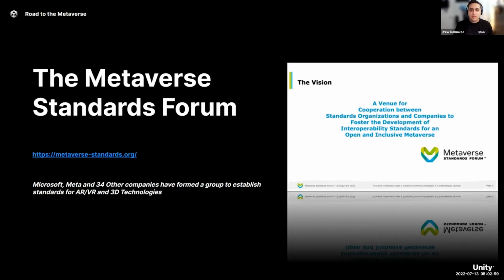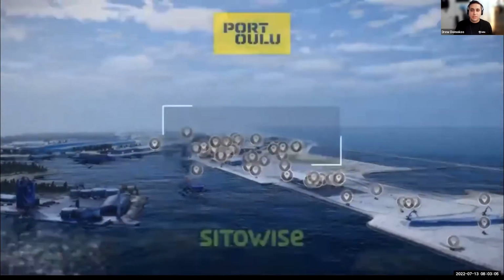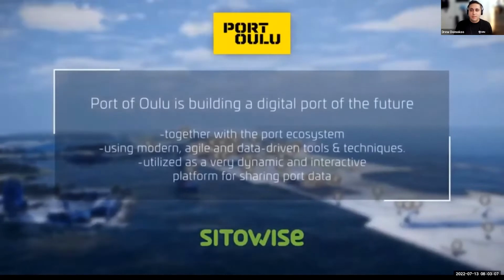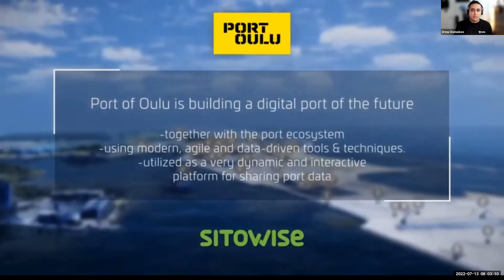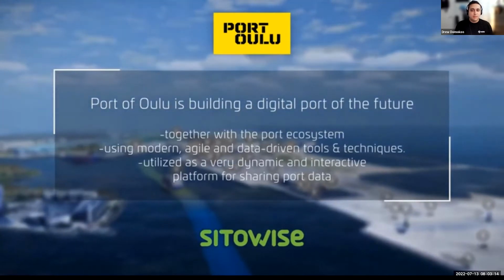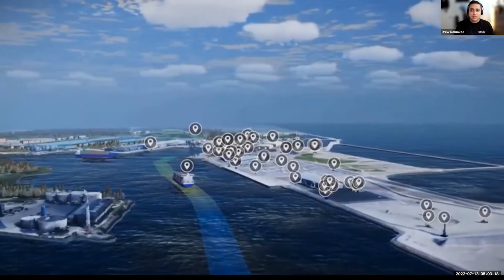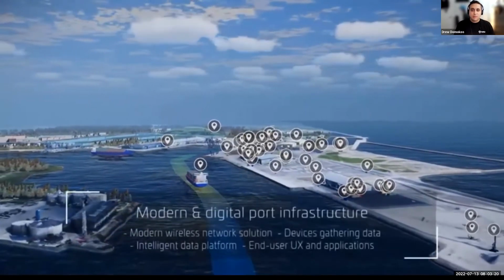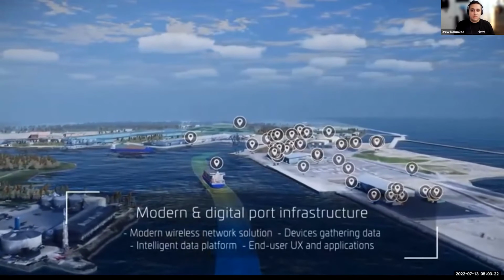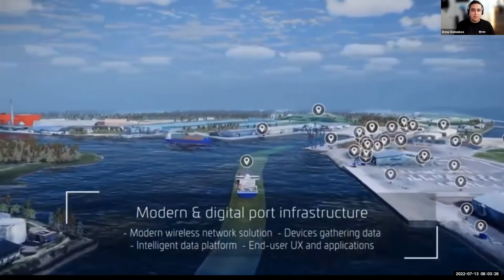Let's quickly take a look at a use case. Unity's real-time 3D development platform recently enabled Citywise to create a digital twin of the port of Oulu in Finland. This dynamic and interactive digital twin serves to reduce the environmental impact of transport and logistics flows in the city. With tools specifically designed and engineered for the AEC industry, that's architecture, engineering, and construction, Citywise turned to Unity's real-time 3D development platform to create solutions like Aura, a virtual 3D environment for visualization, data management, and collaboration.